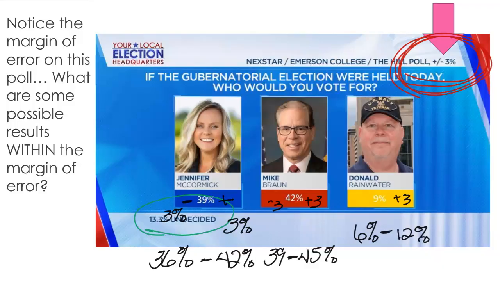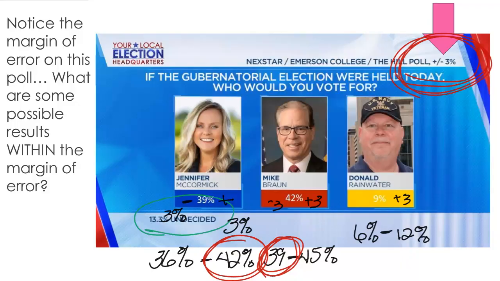So take a look at this. If I chose the upper and said plus 3% for Jennifer McCormick at 42 and took the minus 3 for Mike Braun, you actually have a very different poll. So that margin of error says we're not absolutely sure, because there's plus or minus 3 percentage points of error, but the more samples we could take, we could get closer to the actual results of what the entire population would be.